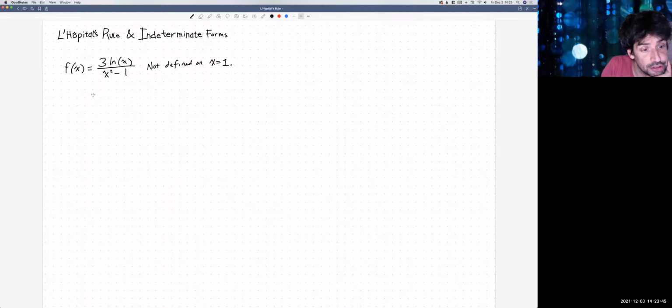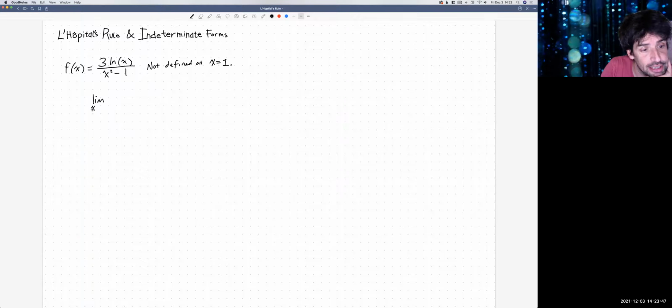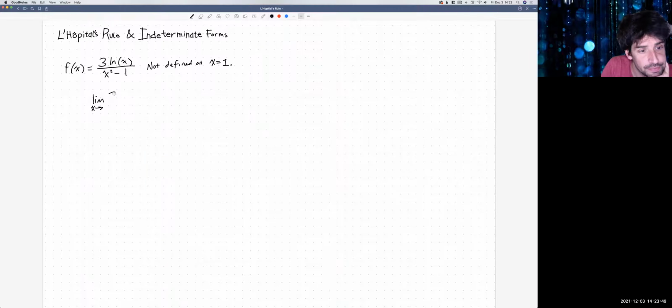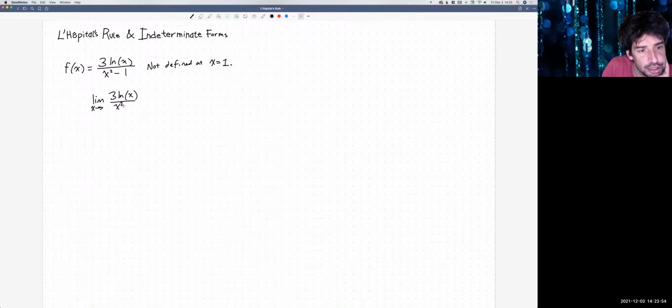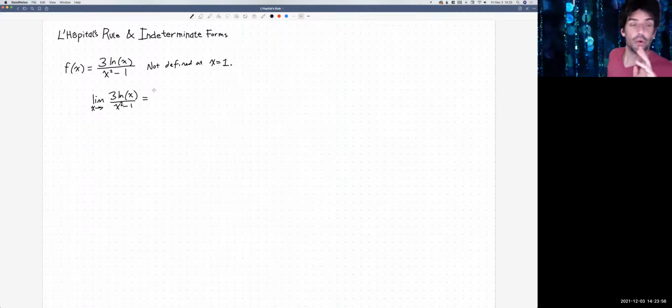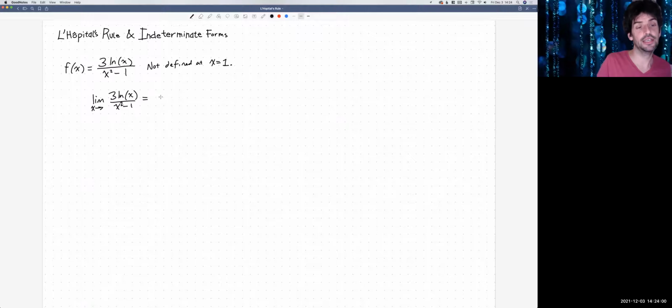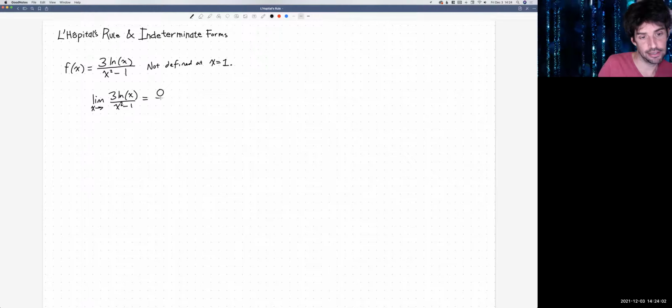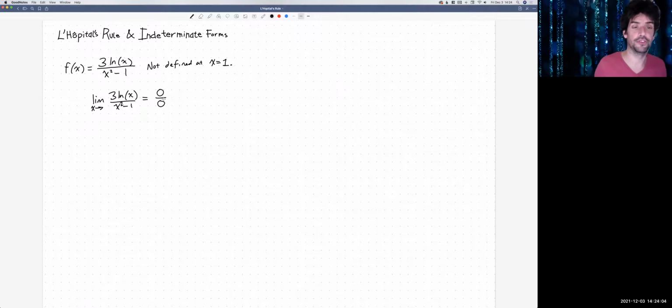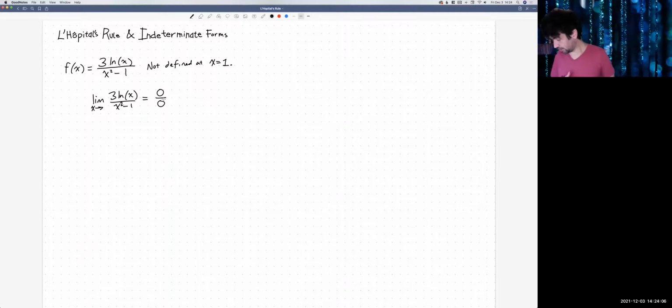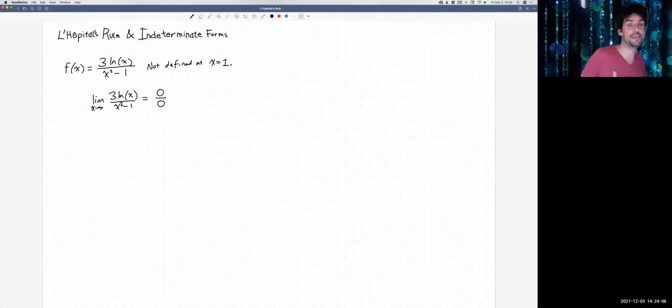So we might be interested in taking the limit as x goes to 1 of 3 natural log of x over x squared minus 1. Well, if you take the limit of each of these pieces individually, you get 0 over 0. And I can't stress this enough, 0 over 0 is not 1.